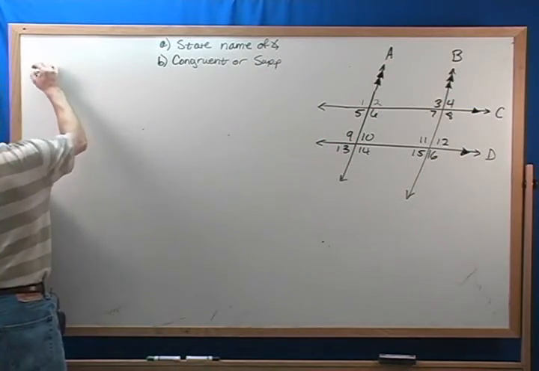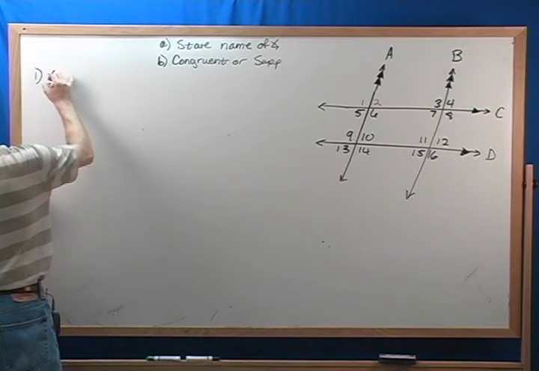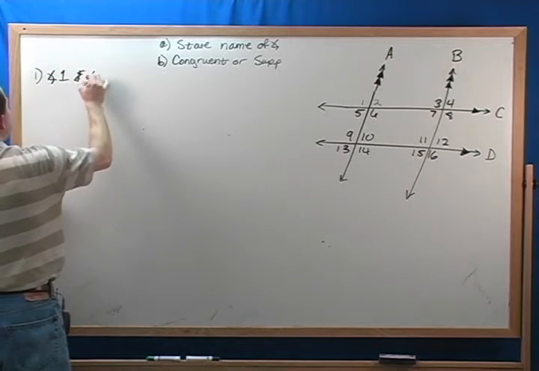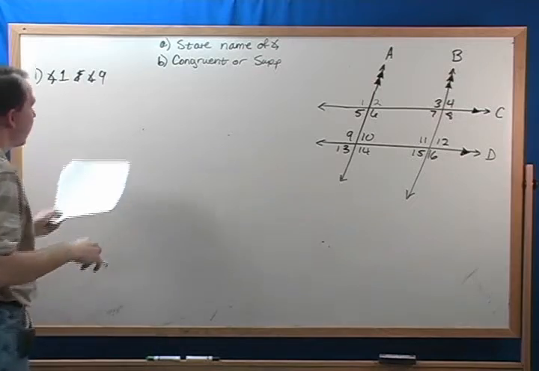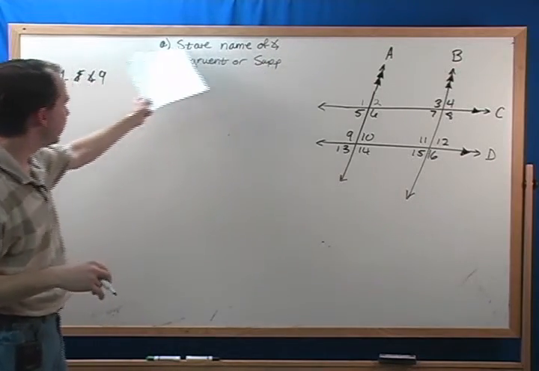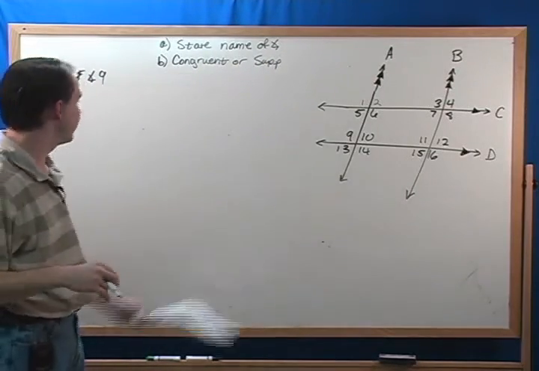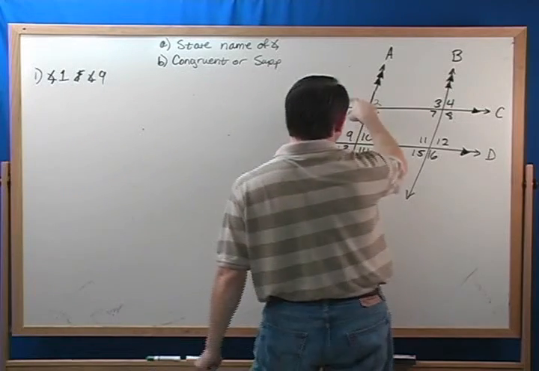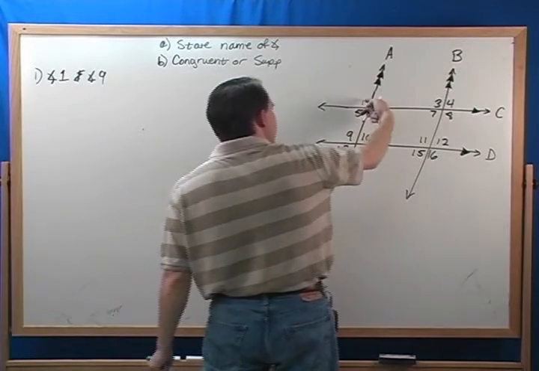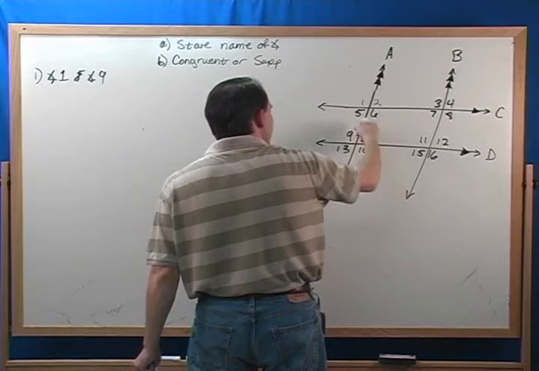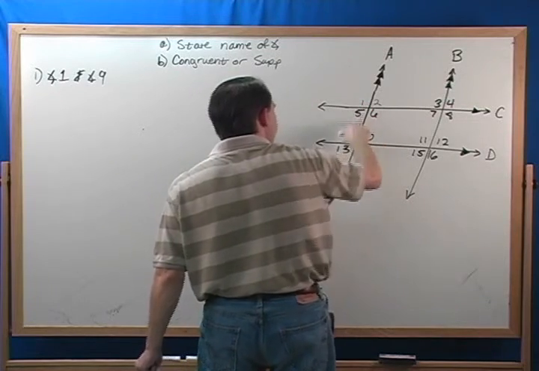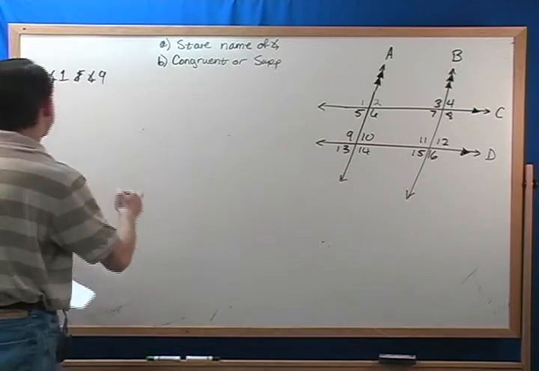So, problem 1, angle 1 and angle 9. First thing I want to know is what type of angle it is, and are they congruent or supplementary? So angle 1 with angle 9. Well, you see, this angle and this angle are in the same position on top and bottom, so they are corresponding angles.